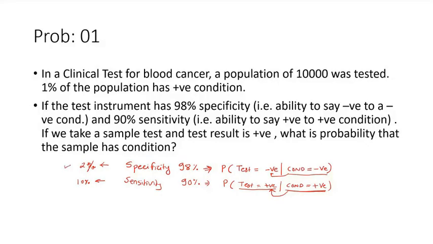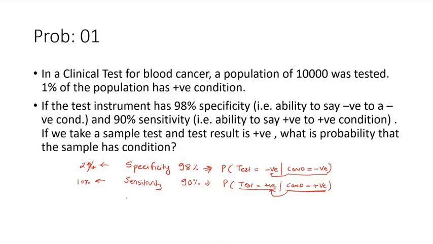Okay, so this is quite a bad condition socially. And when you actually have cancer but your machine is saying you don't have cancer, that 10% chance is more dangerous to life. So your instruments must have very good specificity and sensitivity so that you don't face any problem.